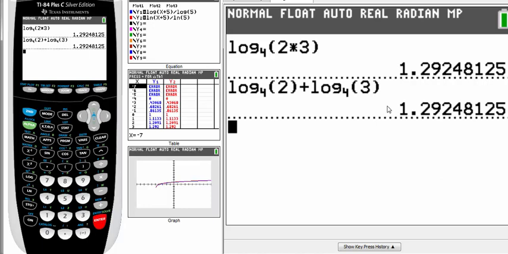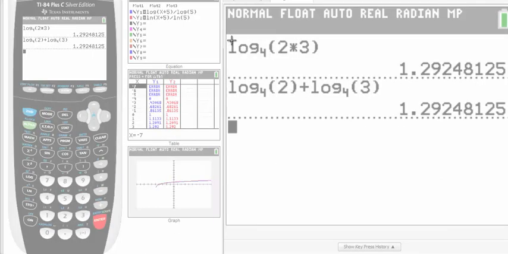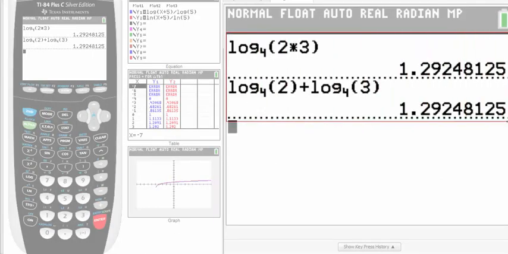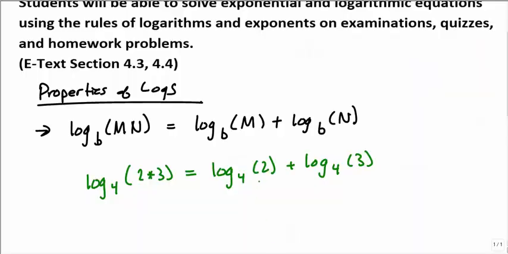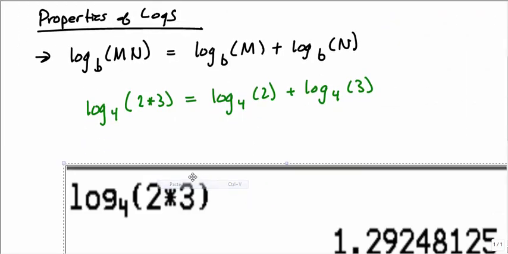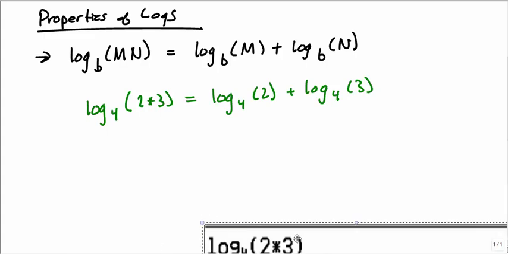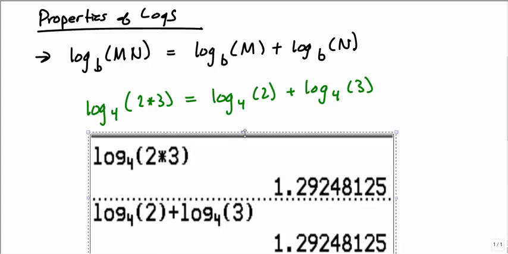So you can see that these are equivalent. Sometimes it's a lot easier for me to work with the sum than it is the difference. And when we're trying to solve these equations, it definitely will work a little bit easier if I can combine a sum into a product or vice versa.